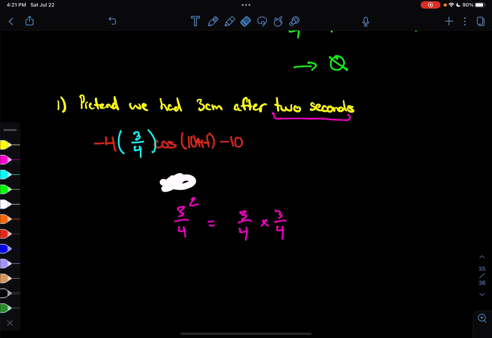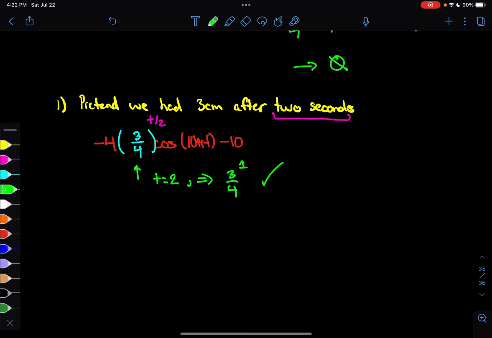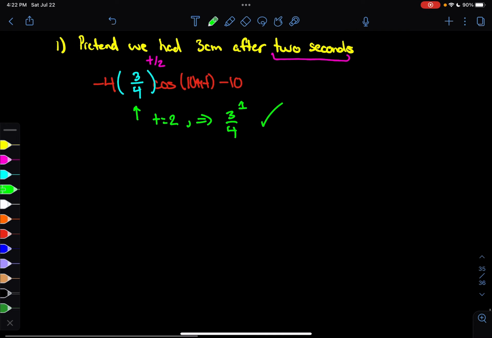It actually turns out to be simply t divided by 2. That works because the only time we actually get 3/4 here is when t is equal to 2, which gives us 3/4 raised to the first power. So check mark, we are decaying at the appropriate rate.